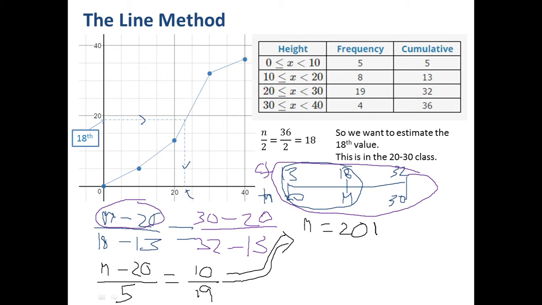If you can't see where this has come from, please pause it and make sure you ask. And if you have watched any of the other videos, it's basically exactly the same calculation as before. We end up with 22.63157..., so 22.6 to 3 significant figures.